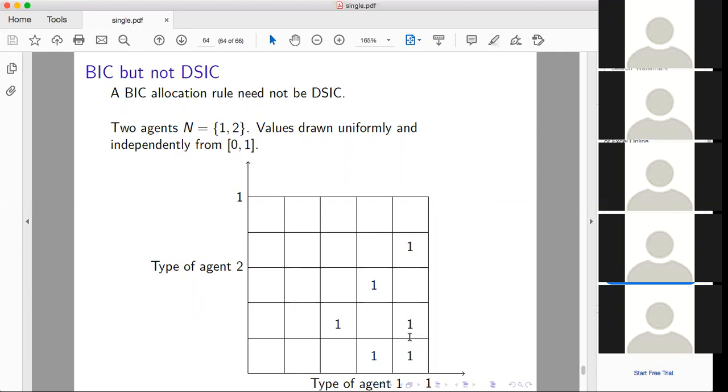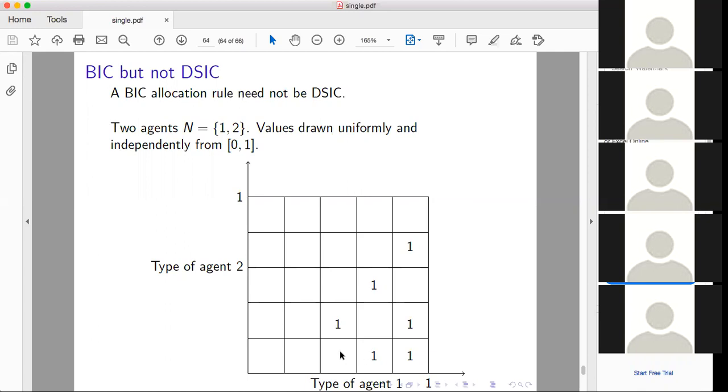non-decreasing rule. But notice one thing, that we can always convert such a rule to a non-decreasing allocation rule. All we need to do in this example, at least, is basically bring this one down, and this one here. You'll see that the resulting allocation rule, this is a new allocation rule, will be non-decreasing ex post.